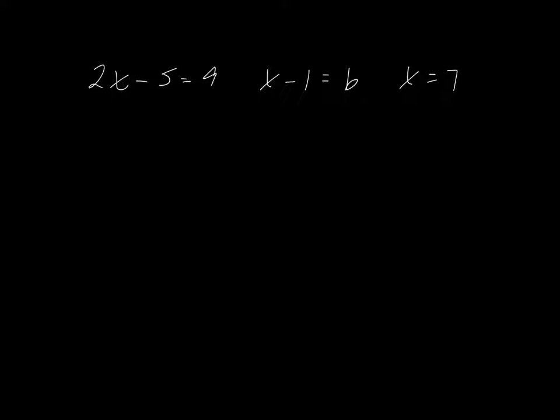And these are called equivalent equations simply because the answer to each of these equations is 7. If we put a 7 in here, we get 14 minus 5 is 9. We put a 7 in there, 7 minus 1 is 6. And obviously, put a 7 there, and we get 7 equals 7. So they're equivalent equations because the number that makes each one a true statement is the same number.